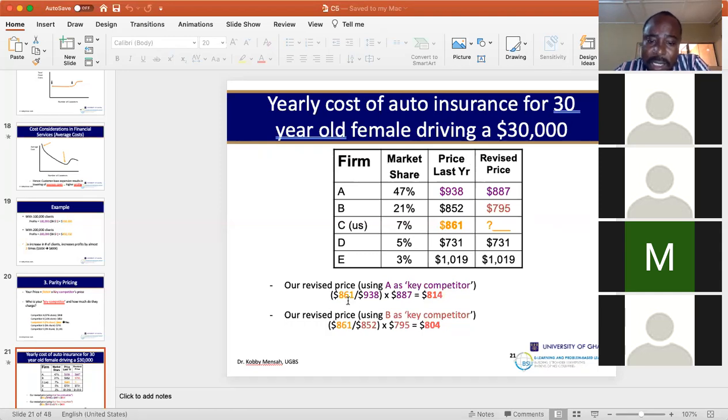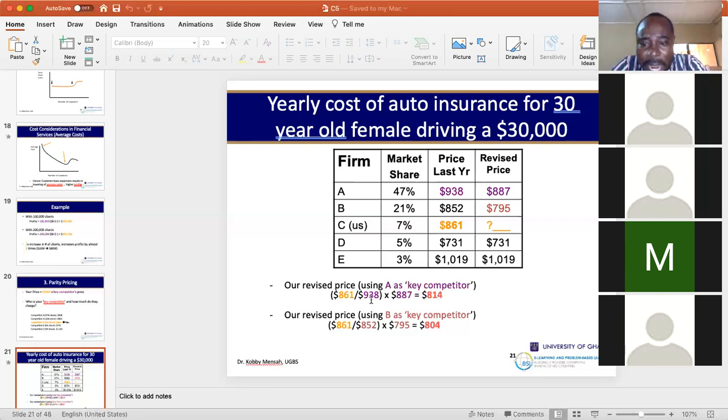It means that you do 861, which is our last year price, divided by 938, which is the key competitor that we are benchmarking, last year's price.